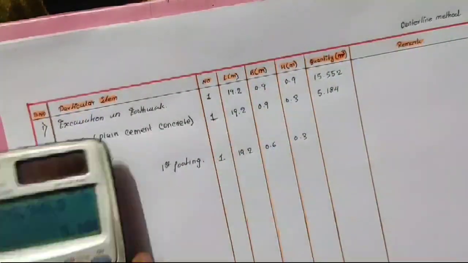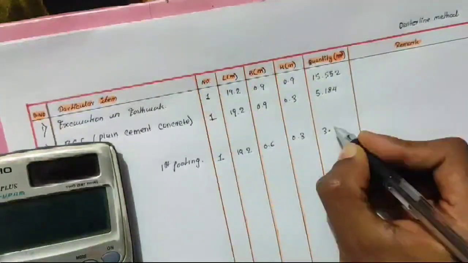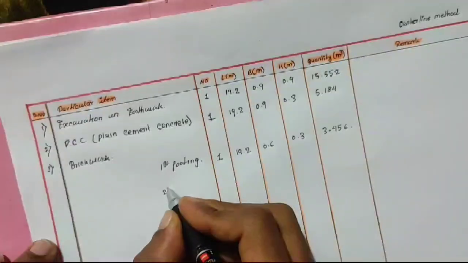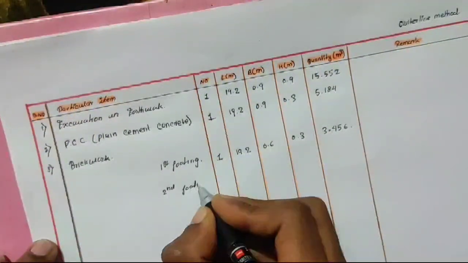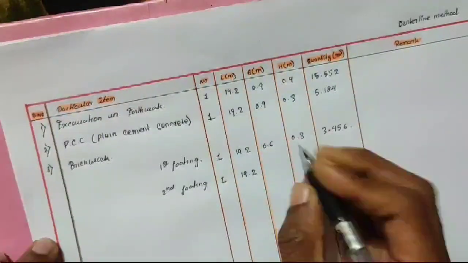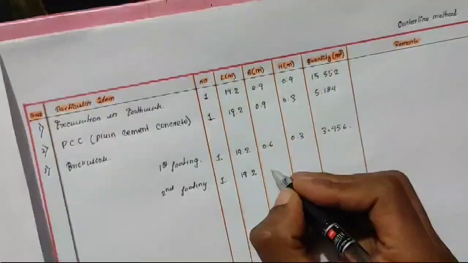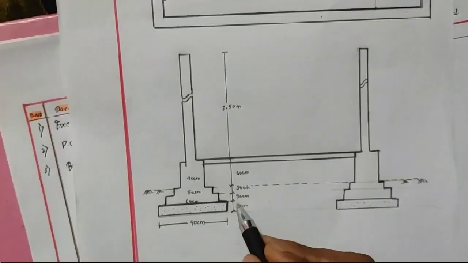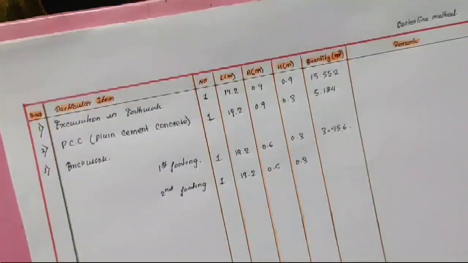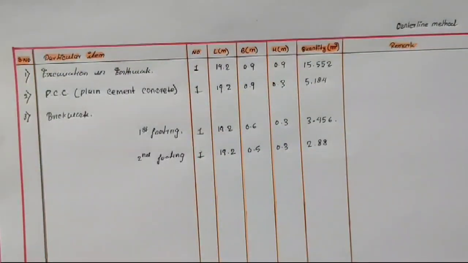Again we need to calculate the quantity, so quantity is coming out 3.456. Second footing, number is 1. Length we have got 19.2. Breadth for second footing is 50 centimeters, so 0.5 meter. Height is again 30 centimeters, so 0.3 meter. So quantity is coming out 2.88 meter cube.